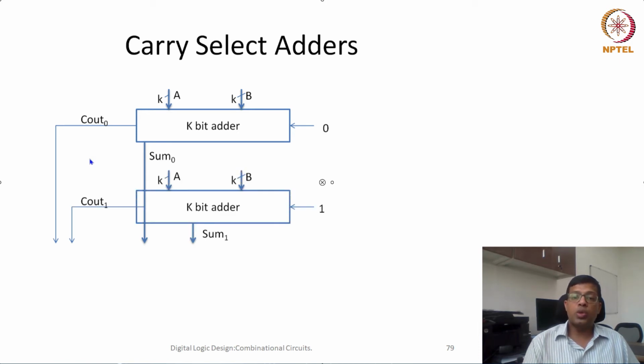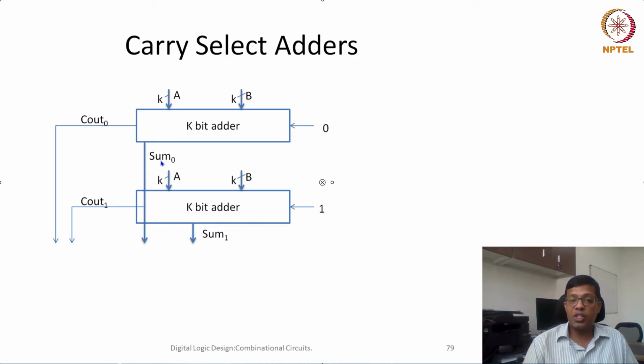It also computes the same with the hardware duplicated, so it will create two different instances of the k-bit adder. One takes 0 as a carry in, another takes 1 as a carry in, and so it produces sum 0 as well as sum 1.